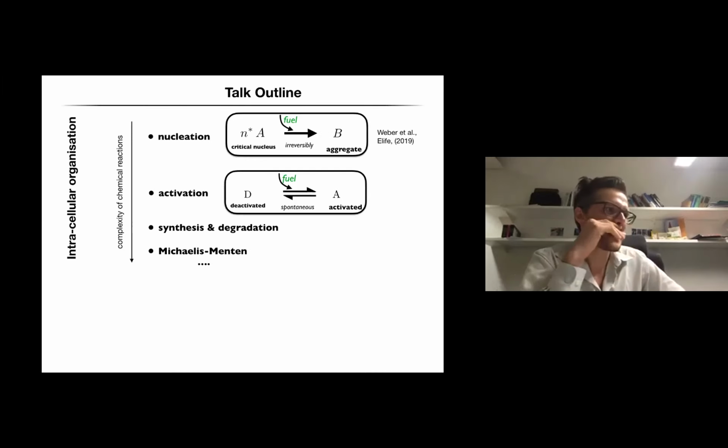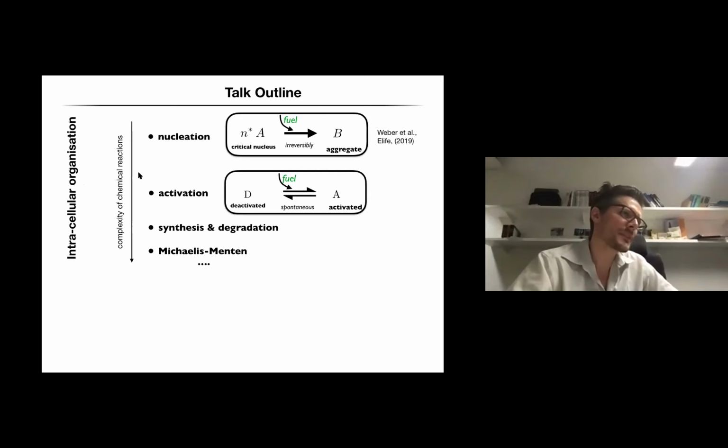And I picked exactly topics from these two different fields, one from intracellular organization. So what we do is look at different types of chemical reactions, very simple, physics-minded chemical reactions. For example, nucleation, like the formation of aggregates from monomers, where you need fuel. That's the biochemistry. So we always spend energy to provide the chemistry, to provide a chemical pathway.